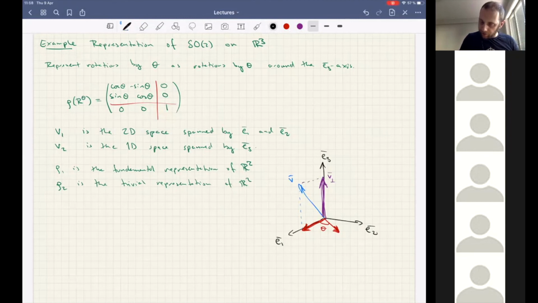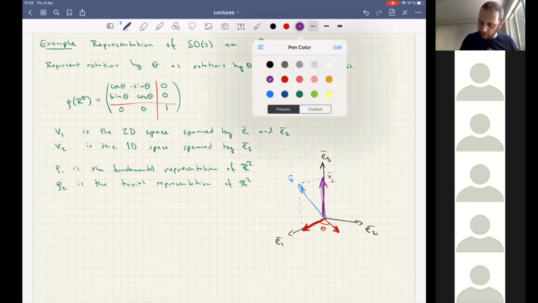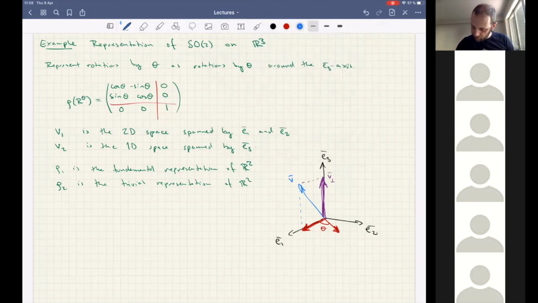So the full vector, of course, just transforms as a rotation by an angle theta around the E3 axis.